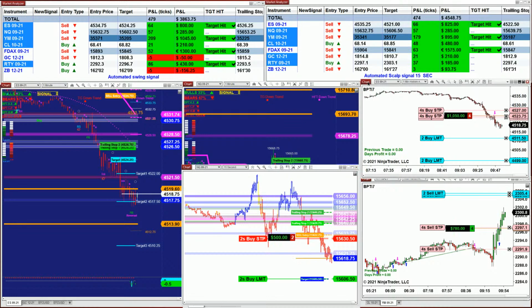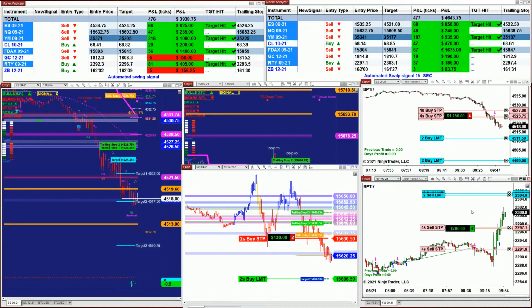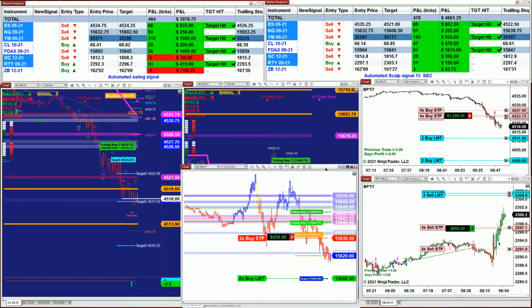So we are using some of those auto trades. We are using the ES 1 minute, which broke even. We are using the Russell, and the Russell is going the opposite direction, and the Nasdaq is taking a short, and the target is 15606.